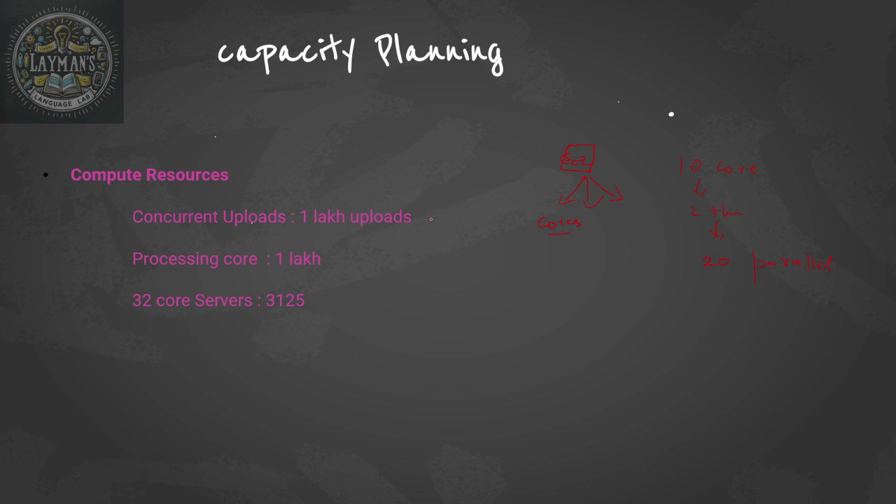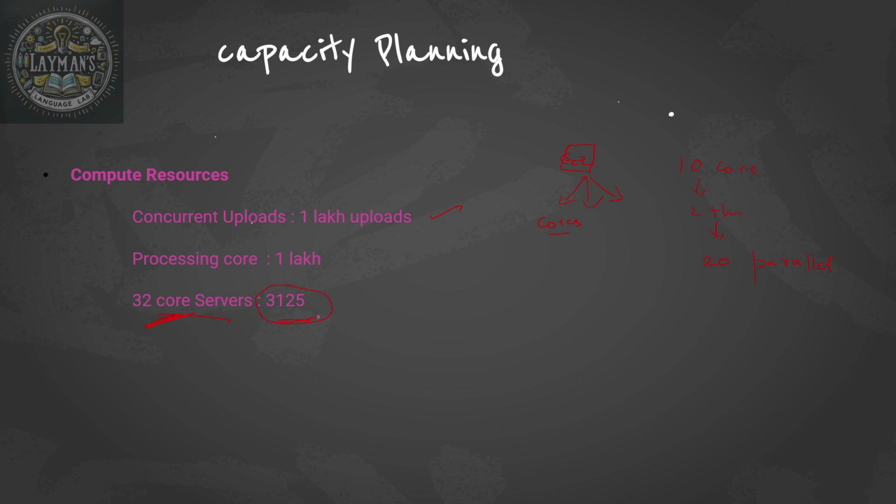In this case, the concurrent uploads is 1 lakh uploads. Then for the processing cores, if we have 32-core servers, how many servers do we need?